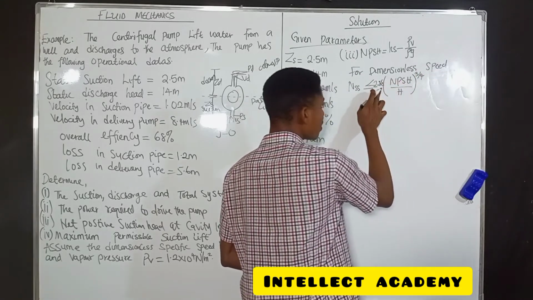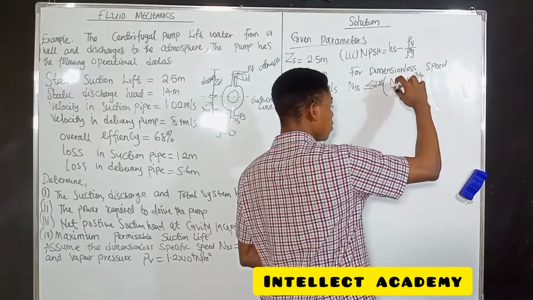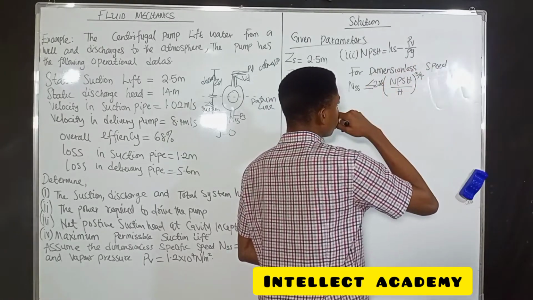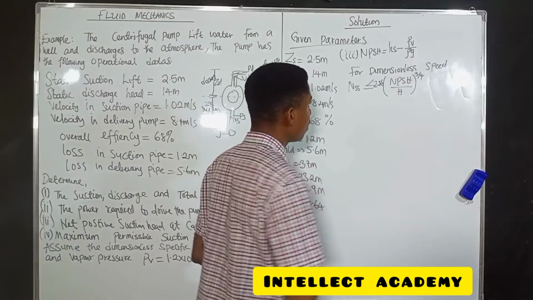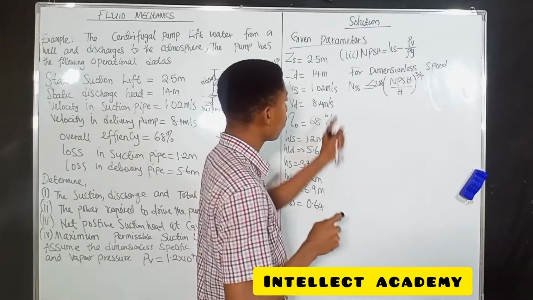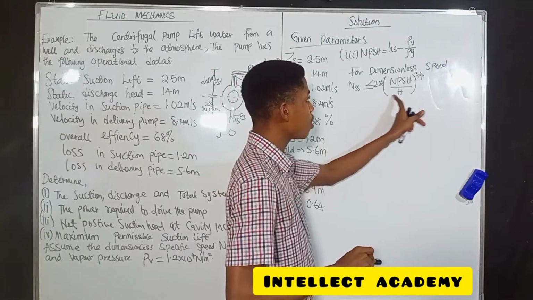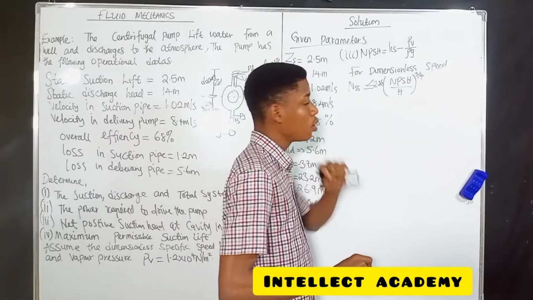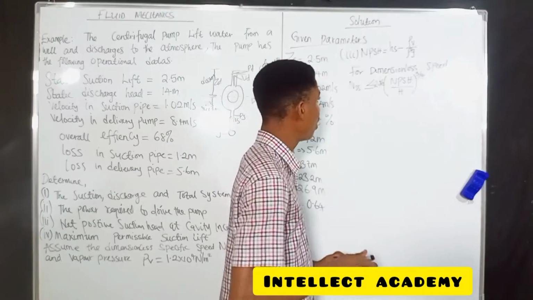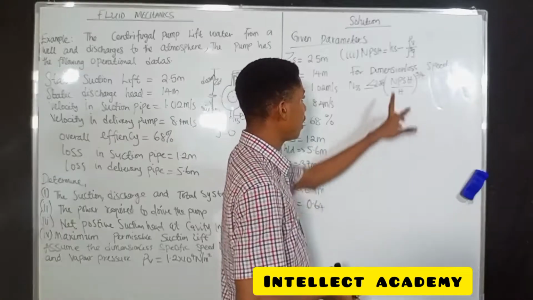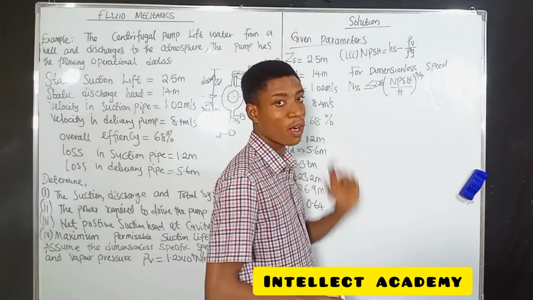I think this is the formula here. This formula is what we're going to use when we have a dimensionless or specific speed. It's very important to know this formula. We are going to make NPSH the subject of the formula from here.